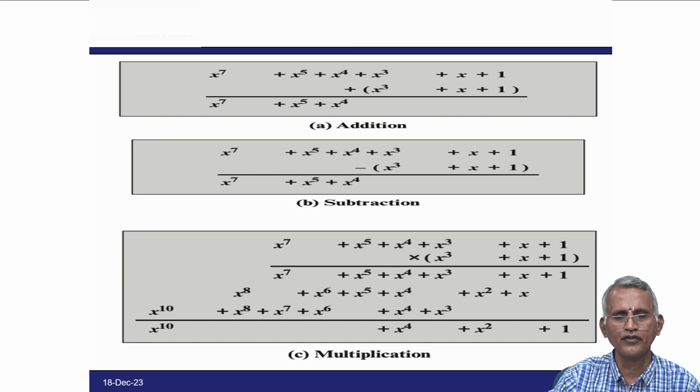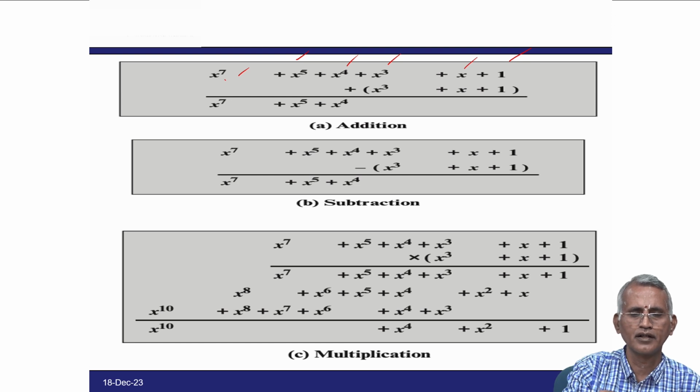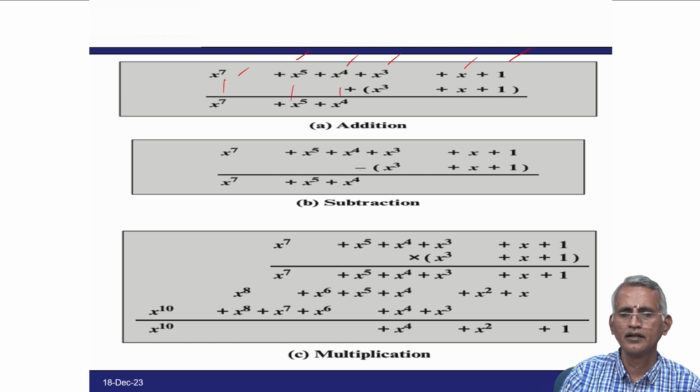So, for addition, if you have a polynomial of degree 7, x power 7 plus x power 5 plus x power 4 plus x cube plus x plus 1, and you add them, then we have x power 7 plus x power 5 plus x power 4, as the corresponding terms will come, and the rest of them cancel and become 0, because x cube plus x cube is 0.